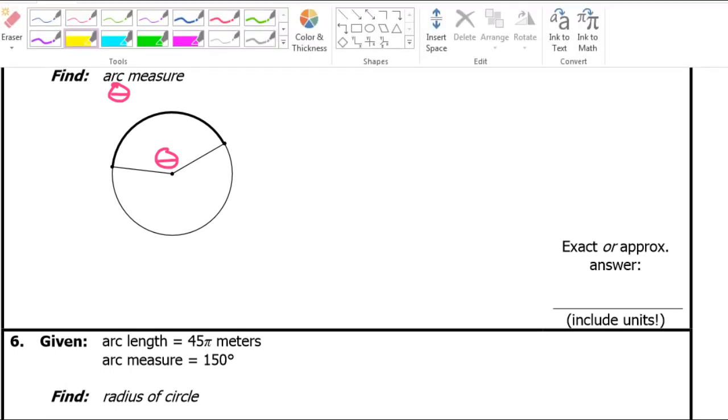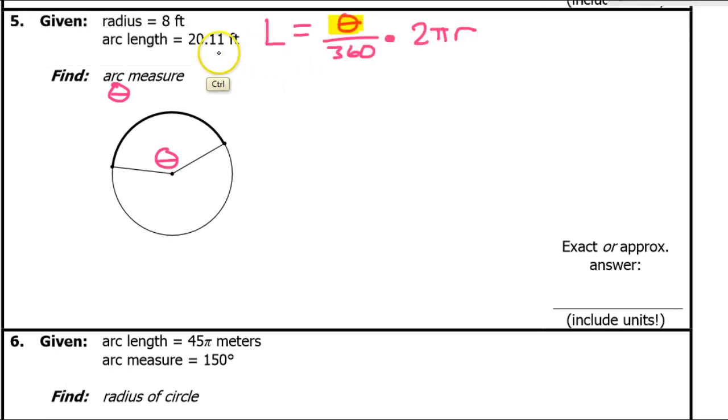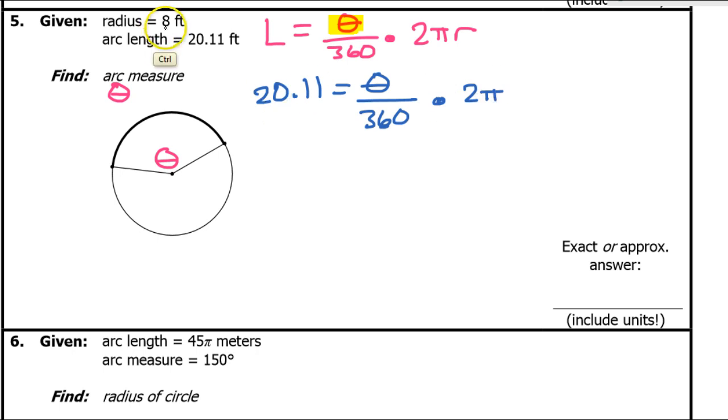We have to be given both of those things. So let's see, the arc length is 20.11, so I will put that here. 20.11 is equal to theta over 360, all right, times 2 pi times 8, okay, because 8 is the radius.